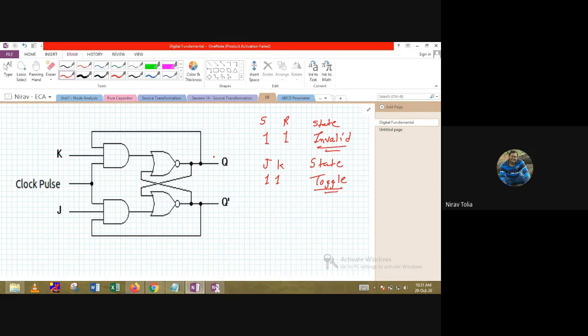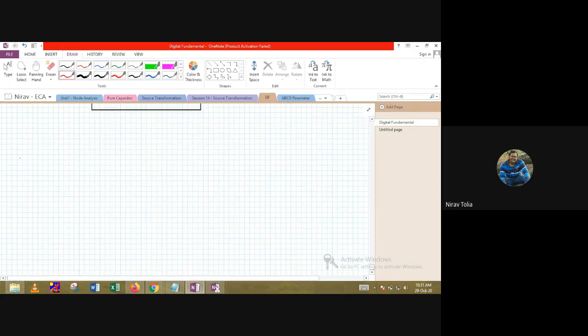What does that mean? If my output is zero, what will happen in a toggle state? Let me tell you about that. All the other things remain the same. Suppose we have two inputs, J and K, and our clock input remains applied. So we have two possibilities, Qn and Qn plus 1, and you can say it is a state.